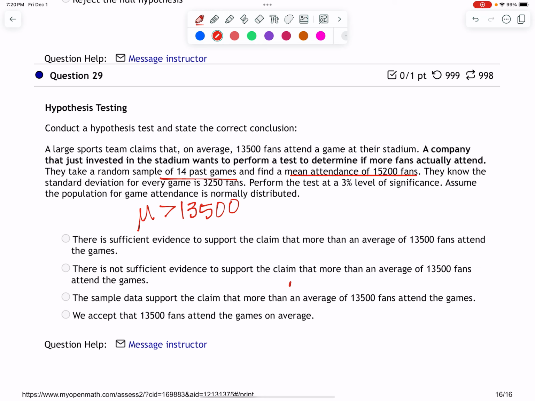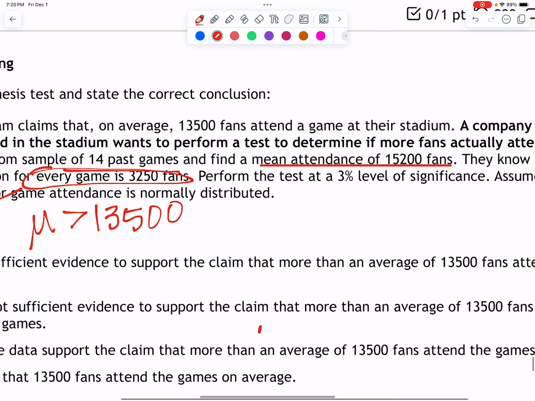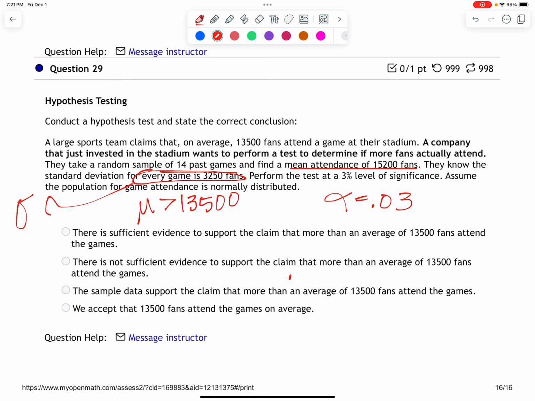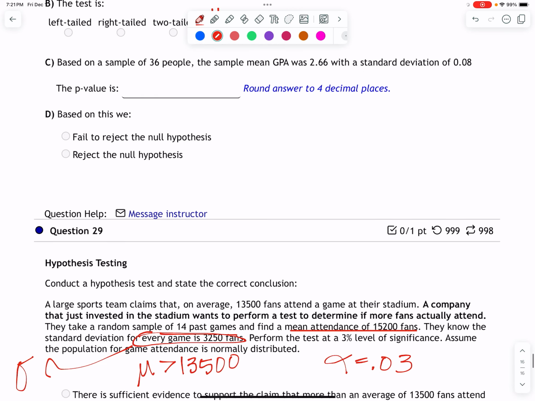Average attendance for that sample would be 15,200. They know the standard deviation for every game, so they are giving you sigma, which means you can run a normal Z. And it looks like your alpha is 0.03. That looks like it's about it.